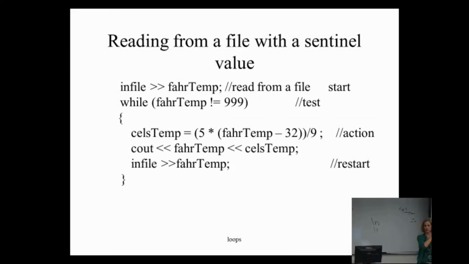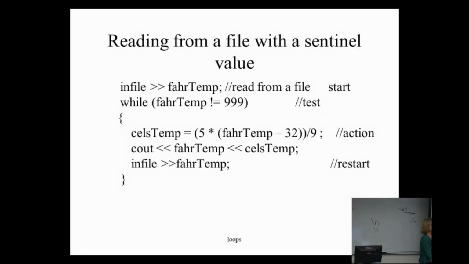This particular program reads in a temperature, and it's going to keep reading until it gets to a 999. That's a sentinel. It does the conversion, reads in the next one, and this will read in all the temperatures in a file until it gets to 999. That implies that there's other data after the 999. This is not the typical way of reading from a file, but you could do this.